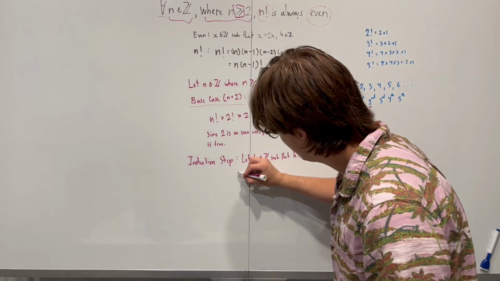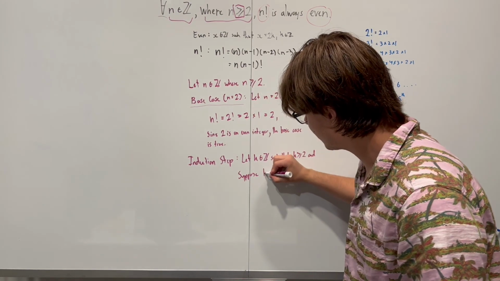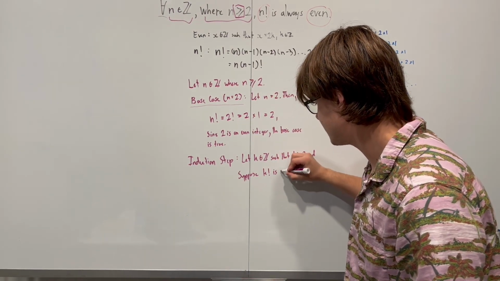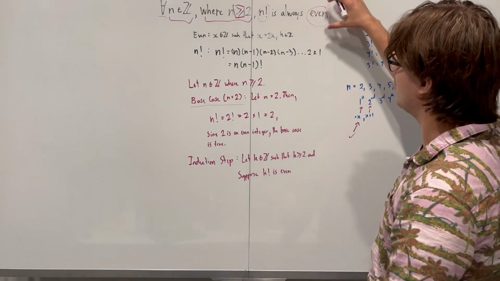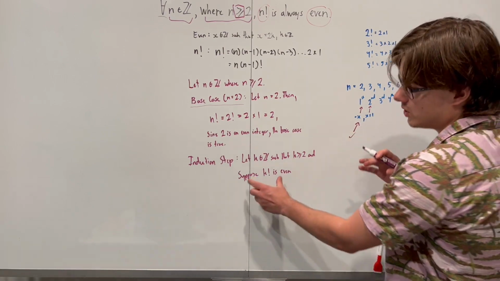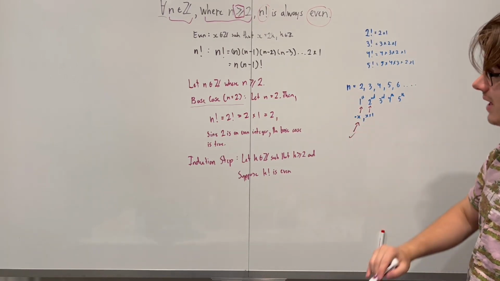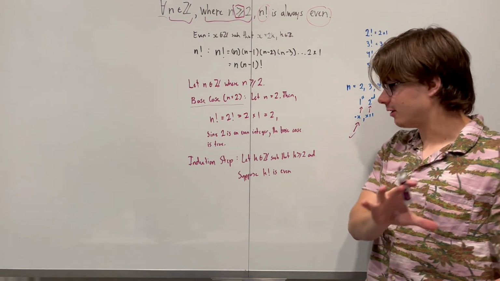We can suppose k factorial is even. That's weird. We're supposing what we want to prove is true? Not quite. We're just restating that what we proved in the base case is true. It's not obvious yet, but it'll be obvious in a second.